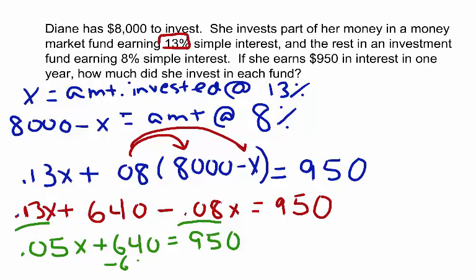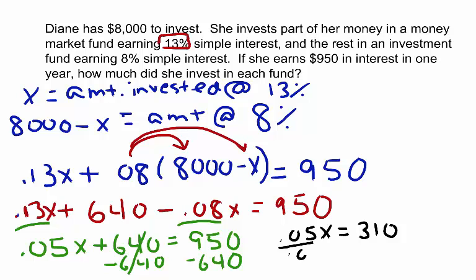So I'm going to subtract 640 from both sides. And now I have 0.05x equals 310. My final step is to divide both sides by 0.05.